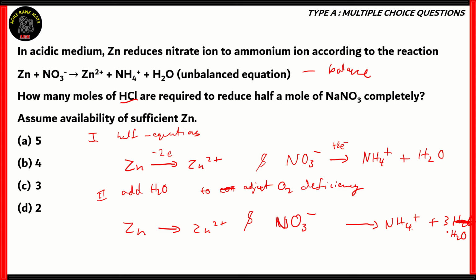So we count the number of hydrogens on the right hand side. We have 4 hydrogen atoms in NH4 plus and 6 hydrogen atoms in 3 molecules of water. So overall we need 10 H plus. So we add 10 H plus to the left hand side. So NO3 minus plus 10 H plus gives NH4 plus 3 H2O. Again, both sides of the half equation are balanced.